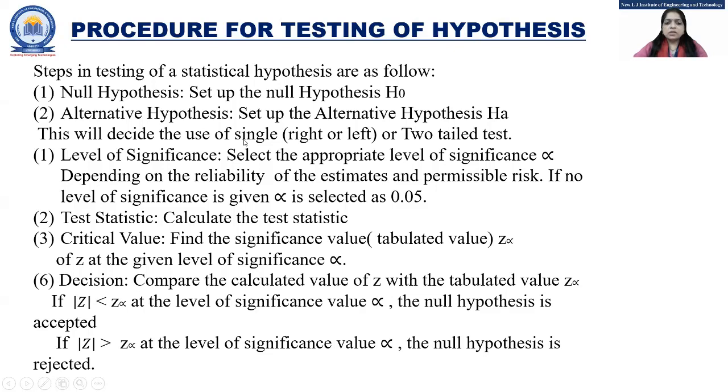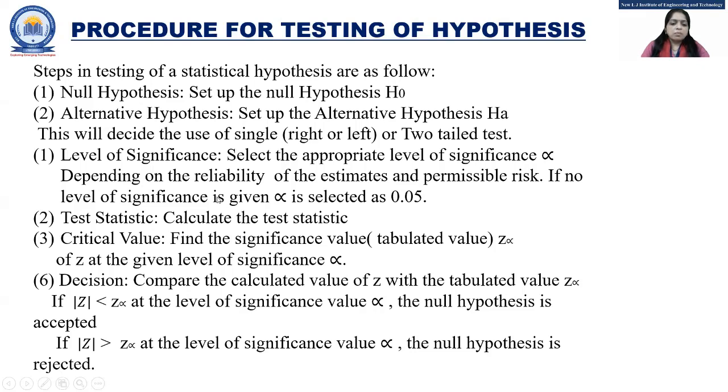This will decide the use of single, or we can say one-tail or two-tail test. Next one is level of significance. Select the appropriate level of significance alpha depending on the reliability of the estimate and the permissible risk. If no level of significance is given, alpha is selected as 0.05, right?